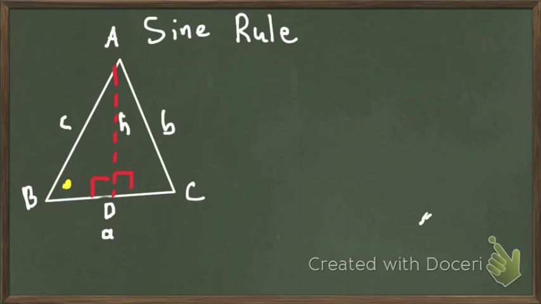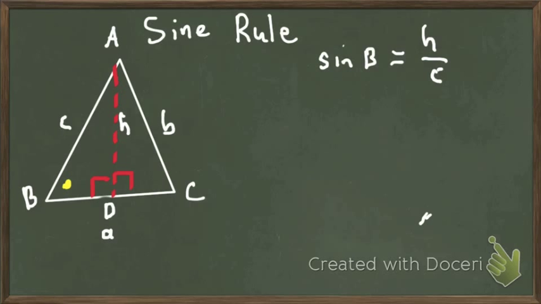So now I'm going to write down the sine of B. If I look opposite the angle B, I see the height, so the sine of B is h, that's the opposite, over the hypotenuse. The hypotenuse in this case is going to be little c. And that's pretty much valid from the right angle triangle there.